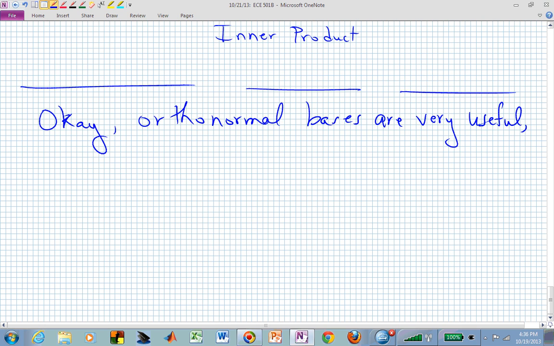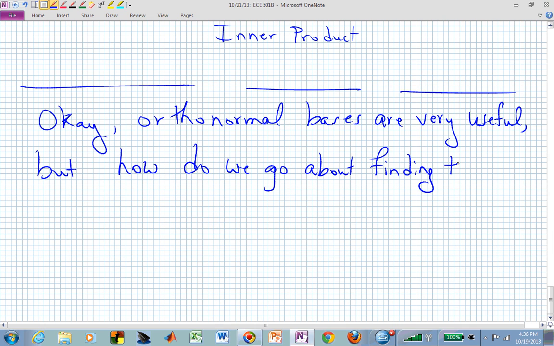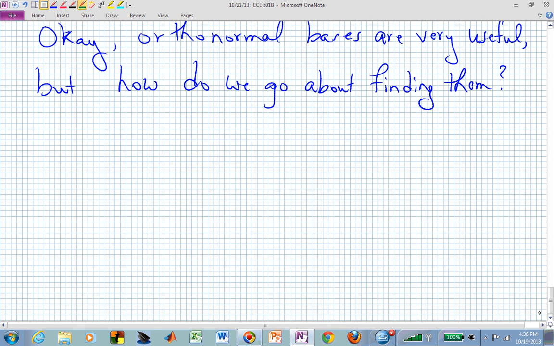An orthonormal basis is very useful, but how do we go about finding these orthonormal lists, which we build up to become an orthonormal basis? That's where the Gram-Schmidt orthogonalization process comes in.